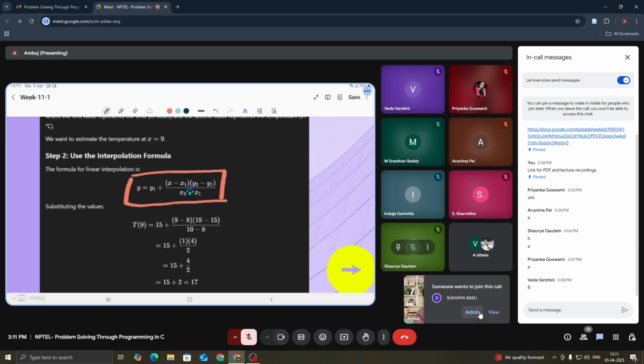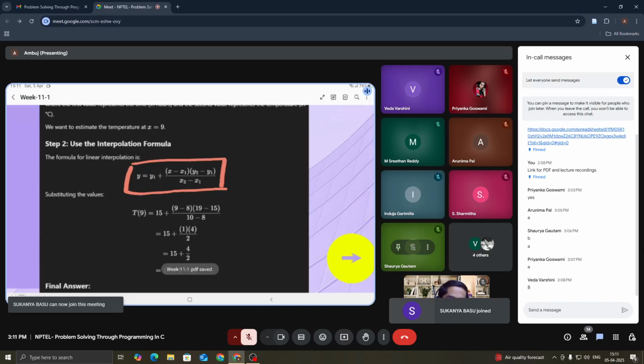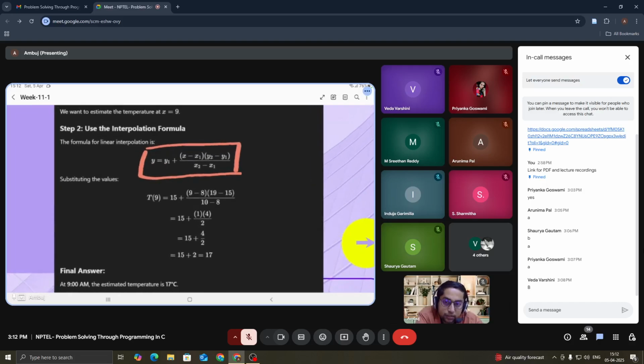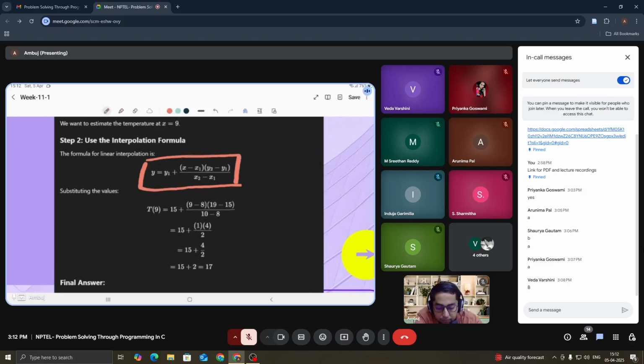Or else you can fit a line between the two points; from there only it has come. y equals y1 plus (x minus x1) times (y2 minus y1) over (x2 minus x1). This term, y2 minus y1 over x2 minus x1, is nothing but the slope.